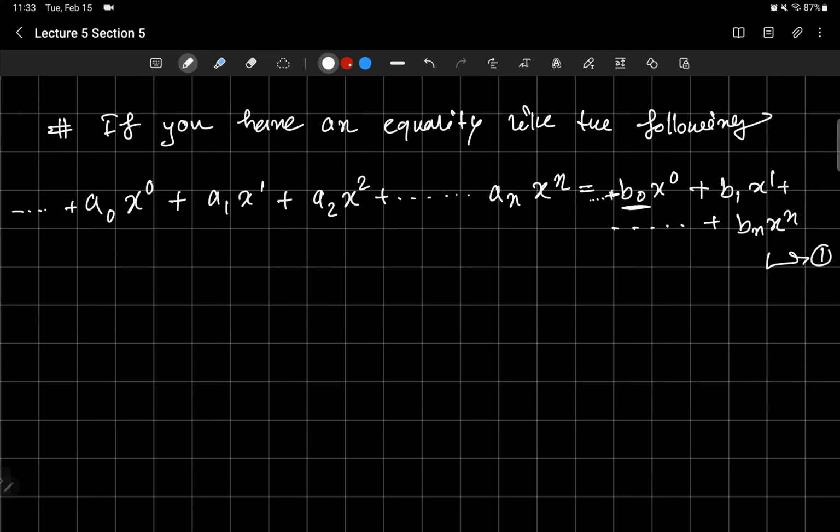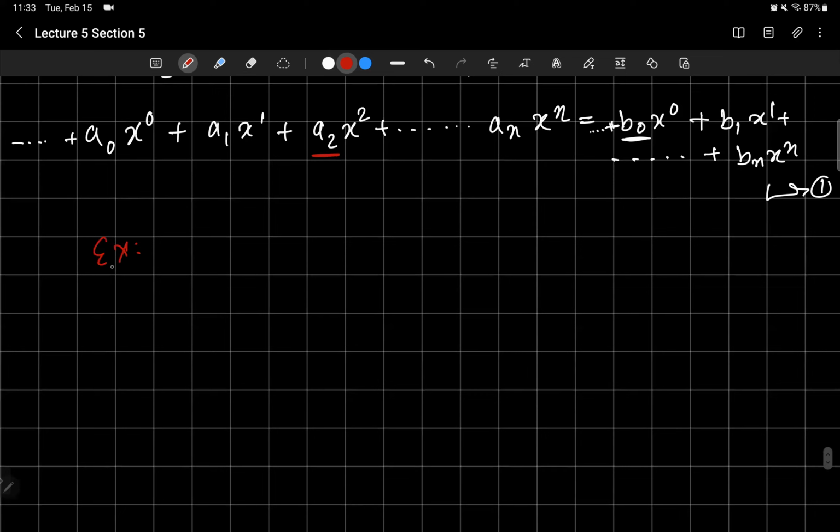For example, a2 will go with b2. Let me take a small example and show it, I think that's better. Say 3x squared plus 2 is equal to bx to the power 4 plus cx to the power 100 plus dx squared plus e, something like this. Here on the left hand side there is no x to the power 4, right?